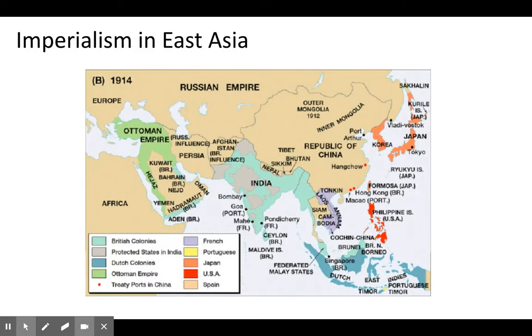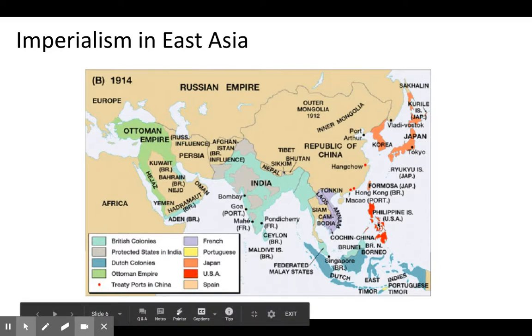In addition to the carving up of Africa amongst Europeans, we'll also see imperialism start to occur in East Asia. Notably, Southeast Asia will be taken as colonies by many European powers. You're seeing that on the map here. So the United States will take the Philippines. You can see the Dutch take quite a bit here in what would be Indonesia.